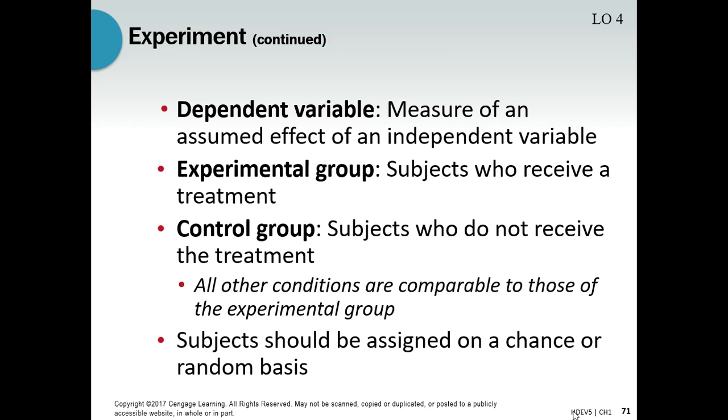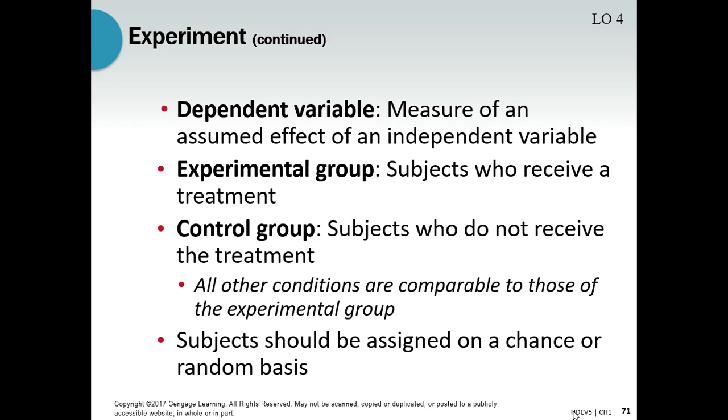Researchers will do their best to make sure that the experimental group and the control group are randomly selected, so that whoever goes into each group is completely random. And that sort of helps to make the groups as equal as possible. But then, if the experimental group's anxiety goes down about 5%, and the control group also goes down about 5%, well, then I know that my pill didn't do anything.